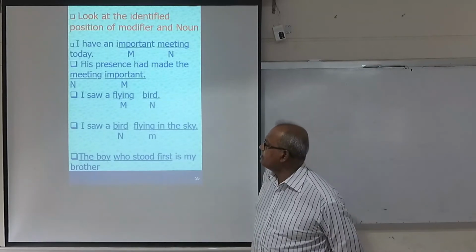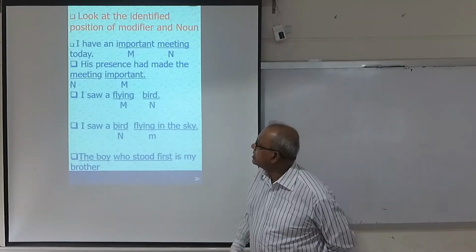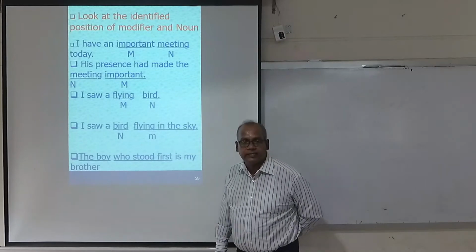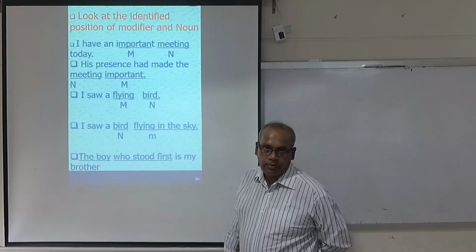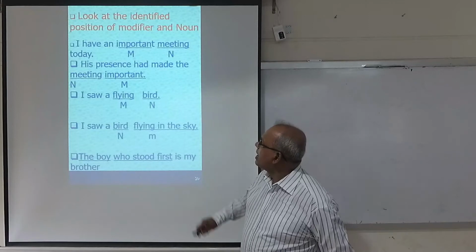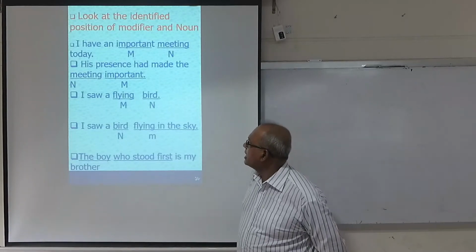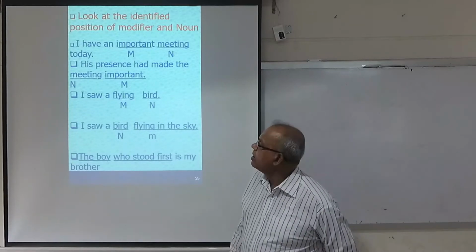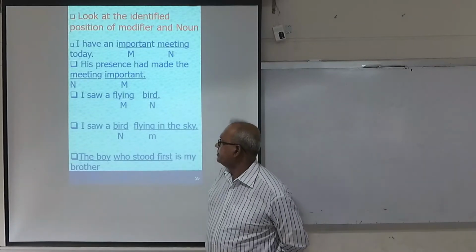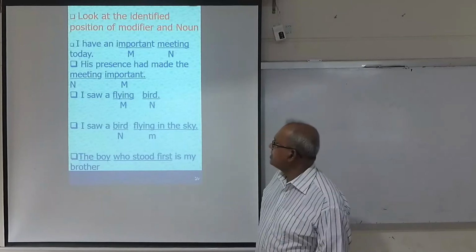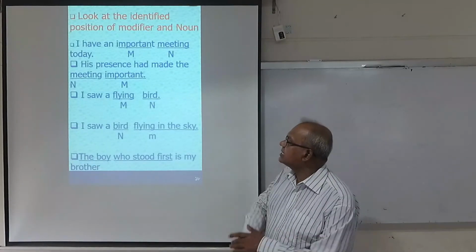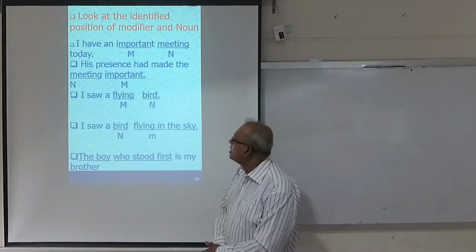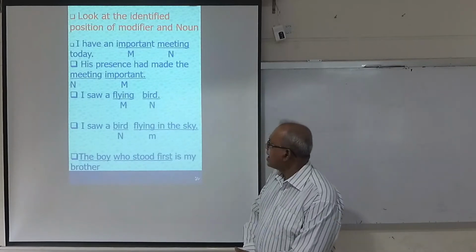I saw a flying bird. In this sentence, flying is modifier and it is present participle. The bird is noun here, and flying, this participle or adjective, modifies the word bird. I saw a bird flying in the sky. In the sentence, you see bird and flying.